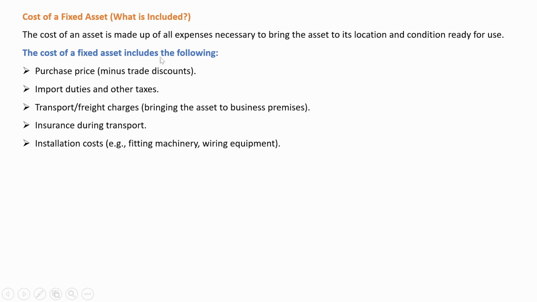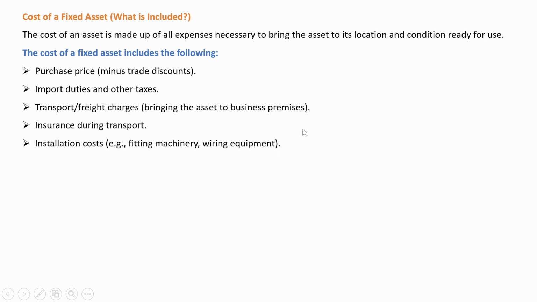So the cost of a fixed asset includes the following: purchase price minus any discount you may be given by the seller, import duties if you are buying from a different country, or other taxes if you are buying within the country, any tax you pay when you are buying the asset, transport or freight charges, the cost of transporting the asset to the business premises, insurance during transport, installation costs, e.g. fitting machinery, wiring equipment.